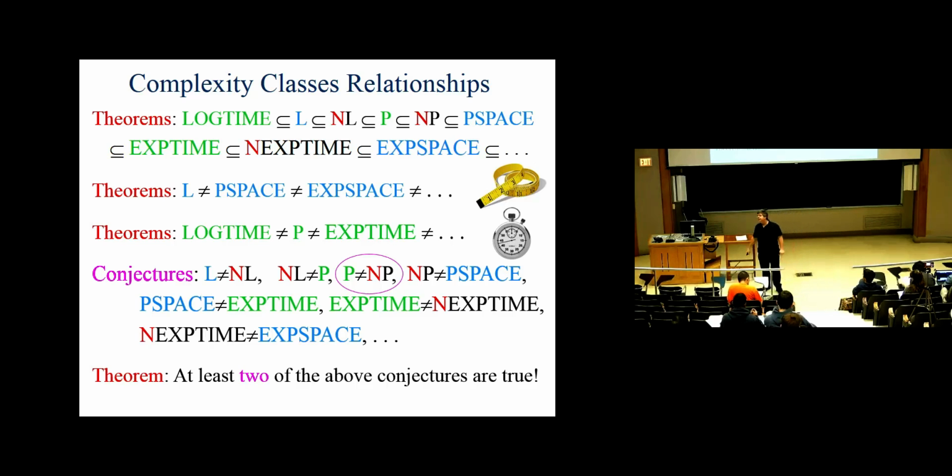Yeah, question? Where did that conjecture come from, that they all are proper subsets? He's asking a very subtle question: why are we saying, as a species, that we think all of them are true conjectures? Simply because a lot of evidence has piled up in favor of space and time classes that are so vastly different from one another being actually separated, that one contains languages that the other one doesn't.